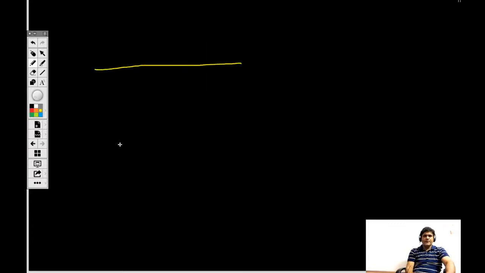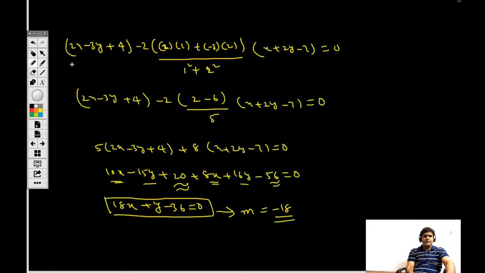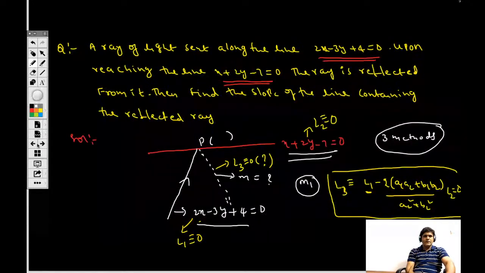This is the mirror, this is the incident ray, this is the reflected ray, and this one is the normal. We know the slope of the first line and the slope of the mirror.